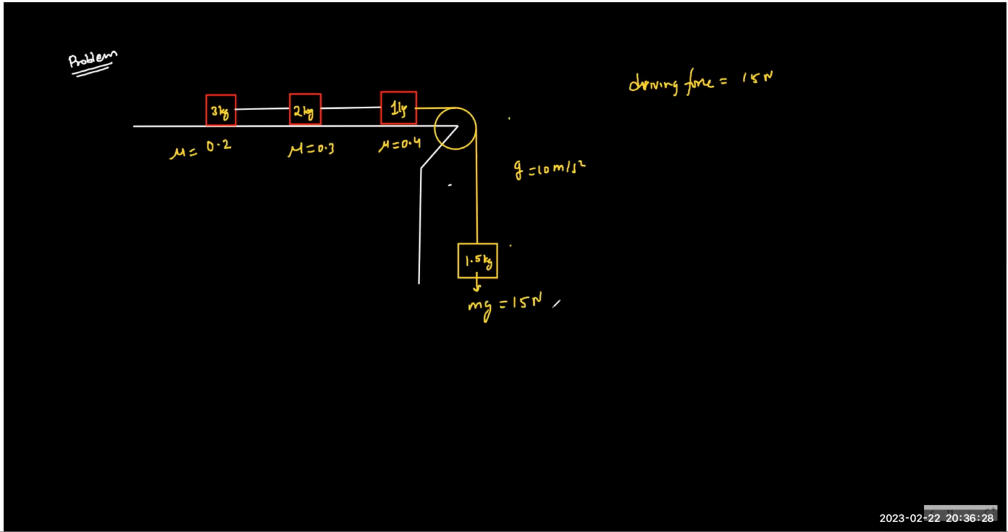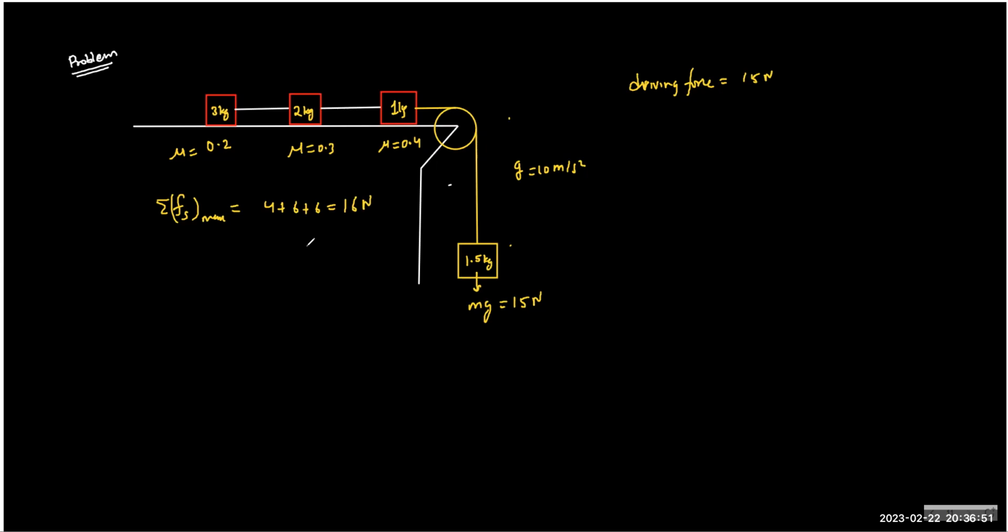Now the idea is we have to check the net friction force, the sum of all the friction, the sum of all Fs max. This will turn out to be mu mg, so it will become 4 plus 6 plus 6, right?